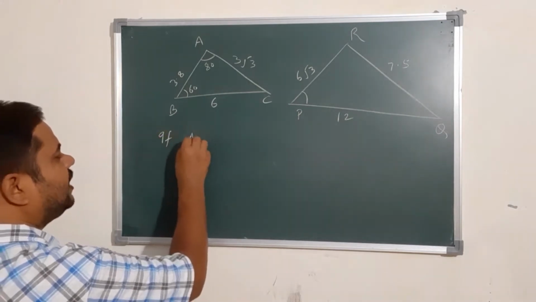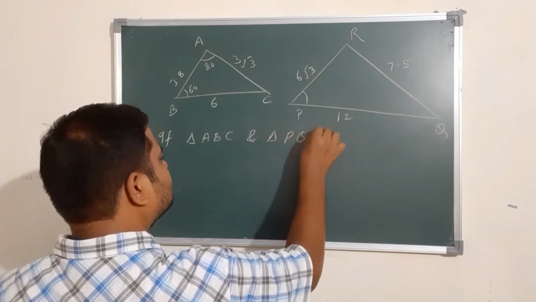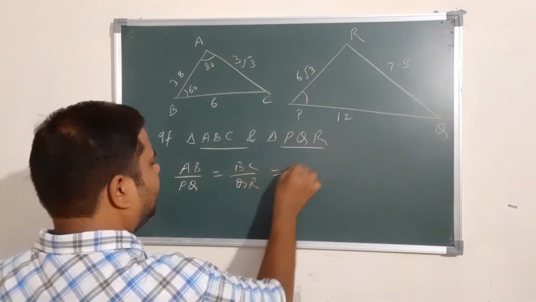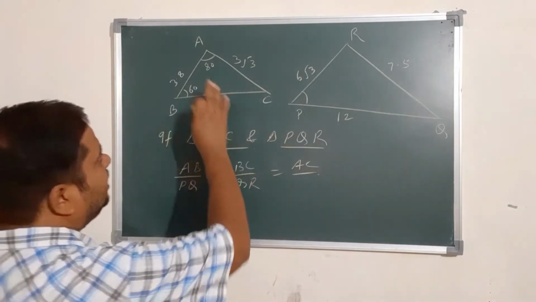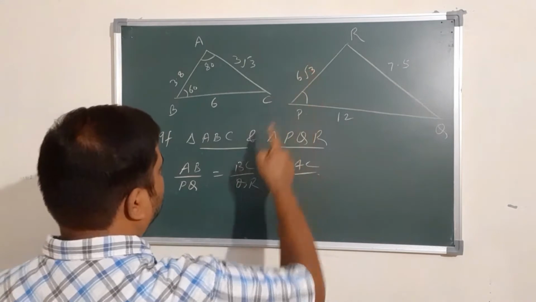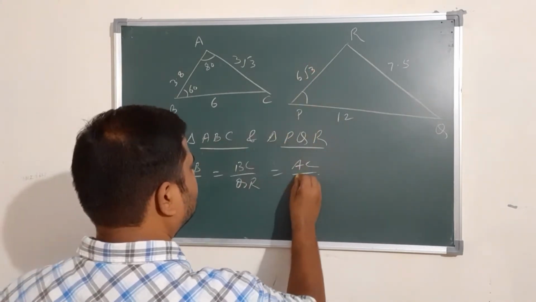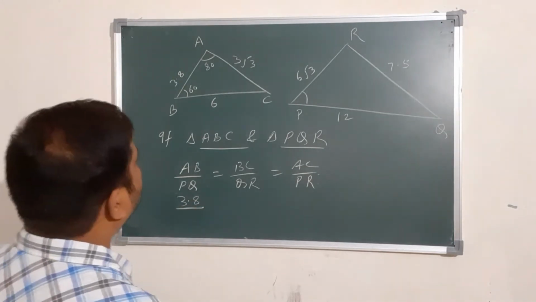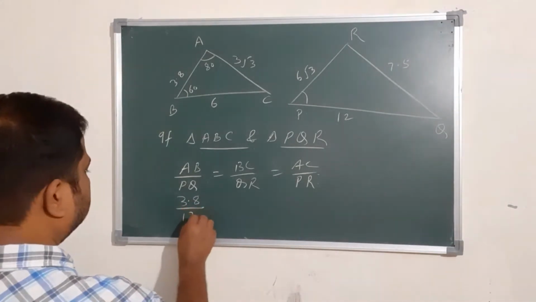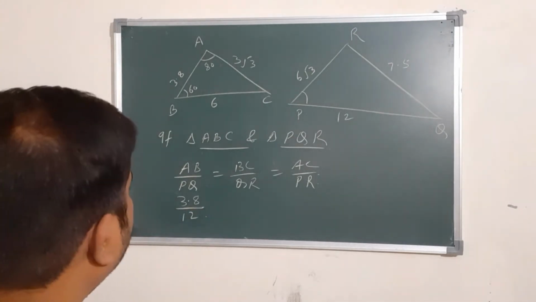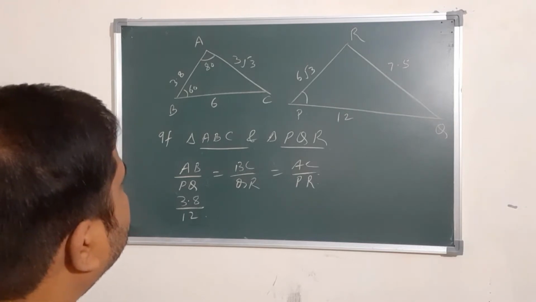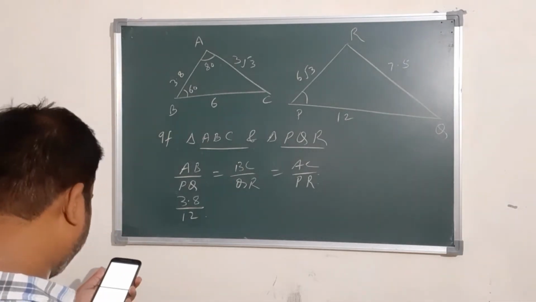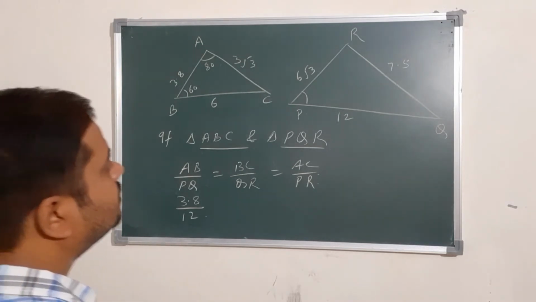If we consider triangle ABC and triangle PQR, naming is very important: AB upon PQ, BC upon QR, and AC upon PR. So AB is 3.8 and PQ is 12.